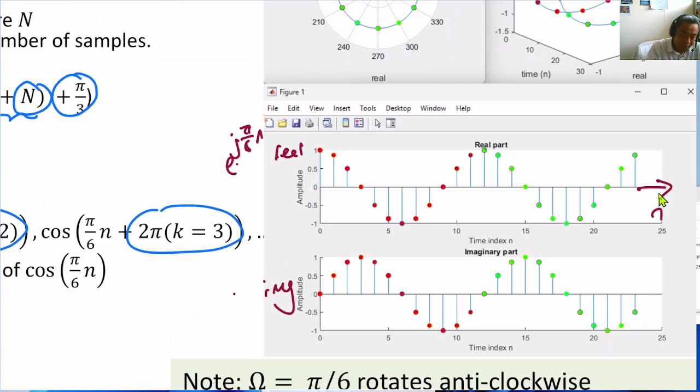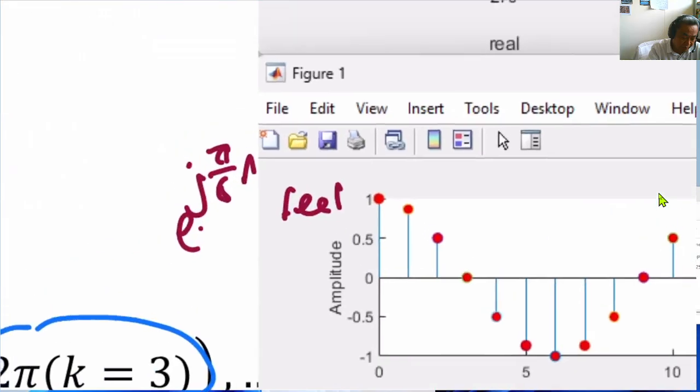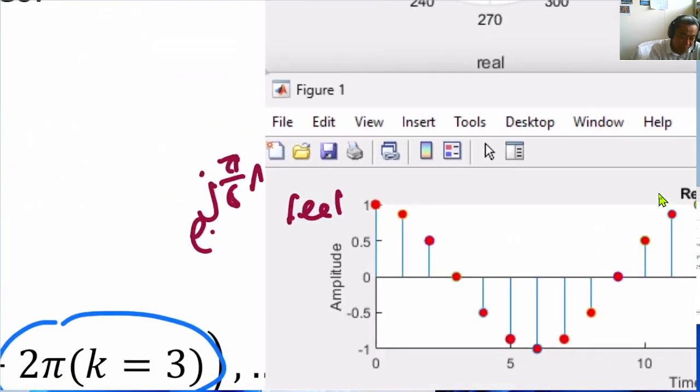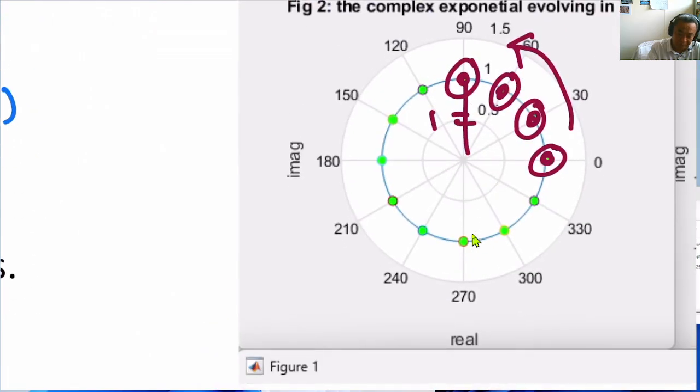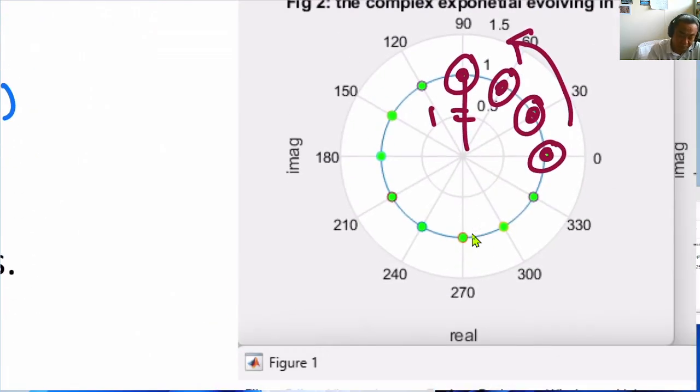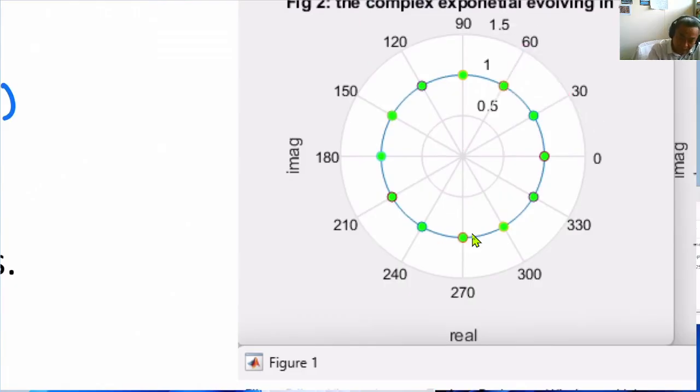Now, maybe you should ask yourself, what in the world is this value pi over 6 doing here? How do we see it from the figure? Well, you can see it most clearly from this diagram. You notice that as the sequence goes up by each step, this angle is pi over 6. What is pi over 6?